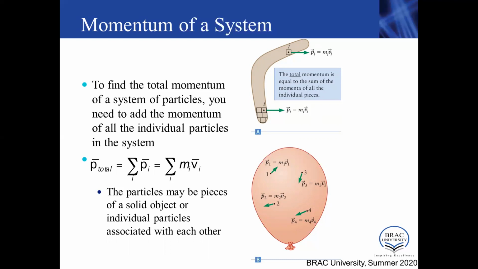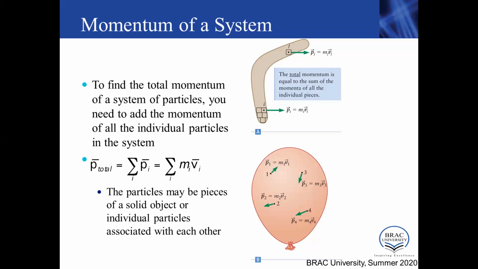Then the total momentum, which is a vector quantity, is equal to the summation of the individual momenta, summation of pi, where i denotes 1, 2, 3, 4 and so on. This is equal to the summation of mi vi. In the second figure, there are four objects: 1, 2, 3, and 4.